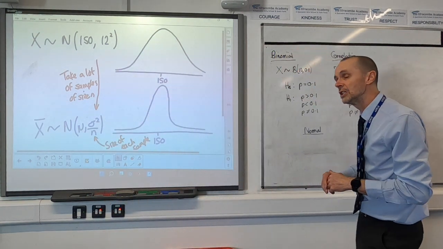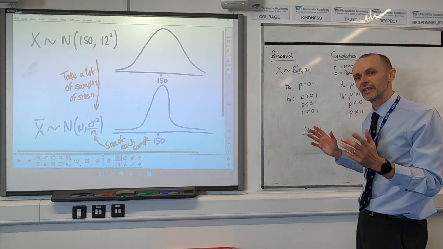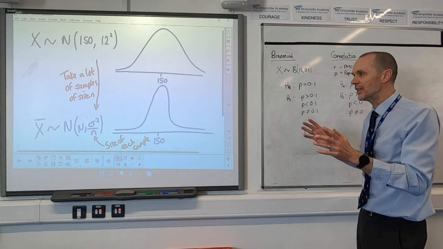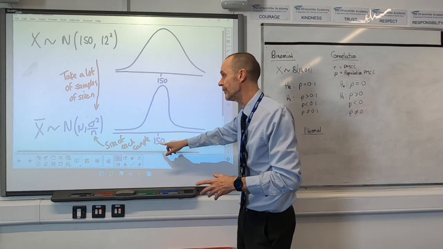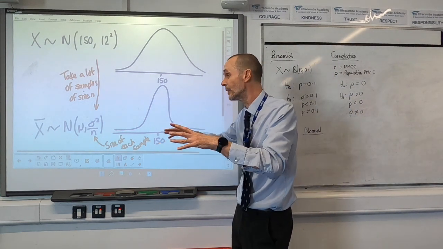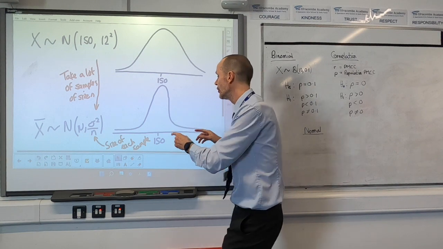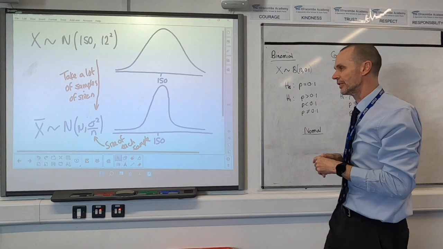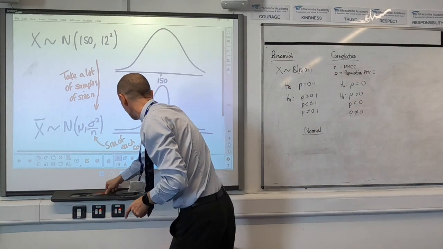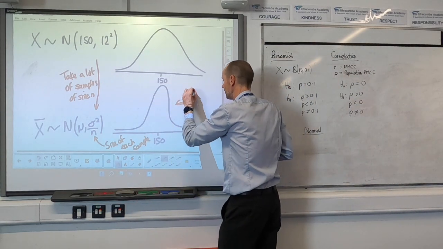So if you have a large sample, then the average is very likely to be very close to 150. And if you take lots and lots of large samples, they're always going to have a similar result. So you're not going to get the same spread as you do with the actual heights when you look at the samples. And we need to do hypothesis testing here.